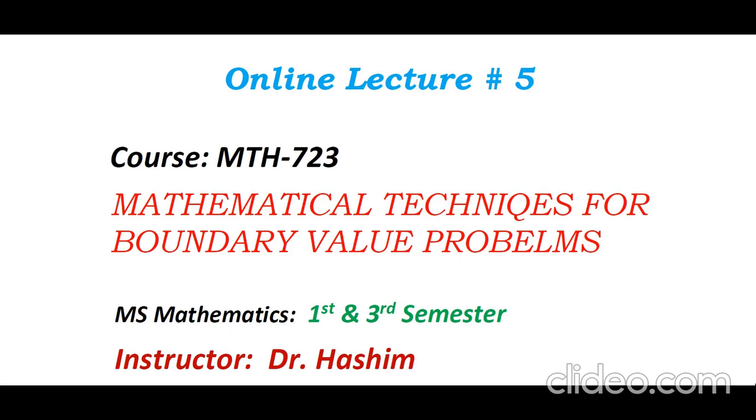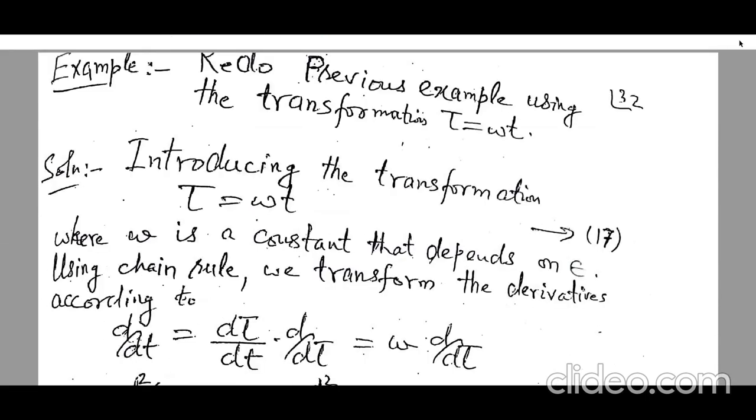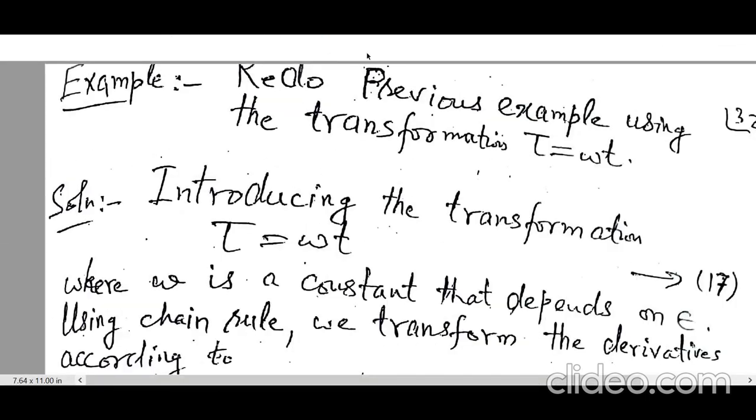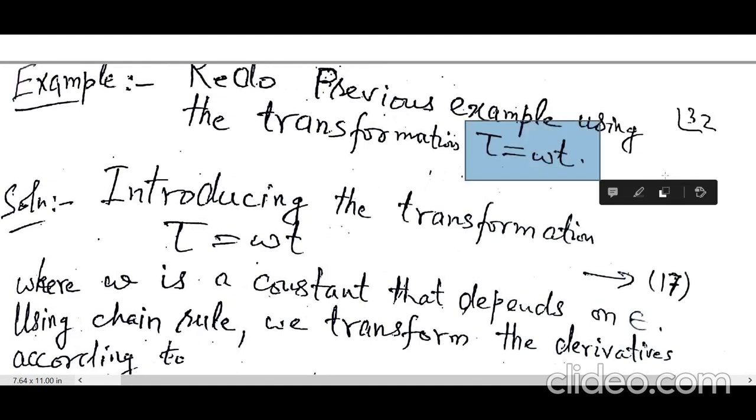In today's lecture we will consider the previous example and redo it by using the transformation tau is equal to omega t.